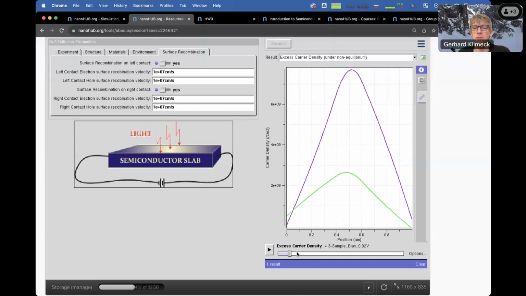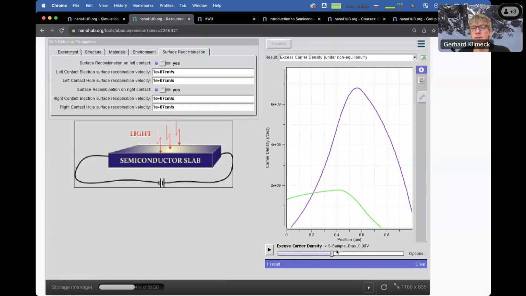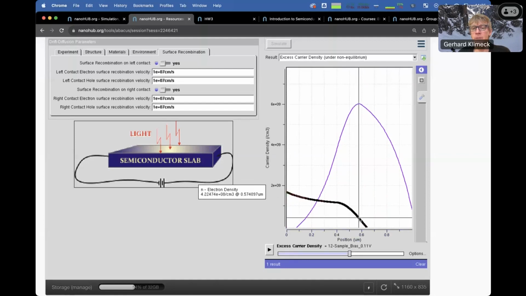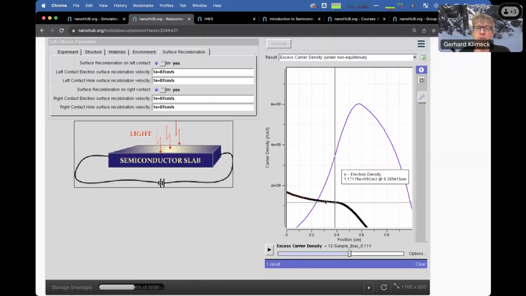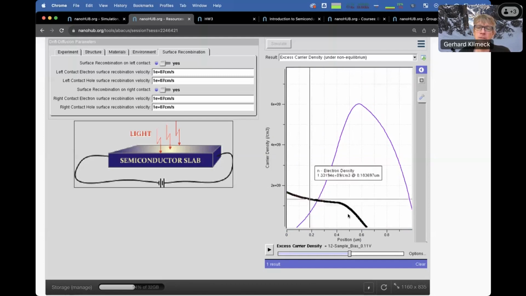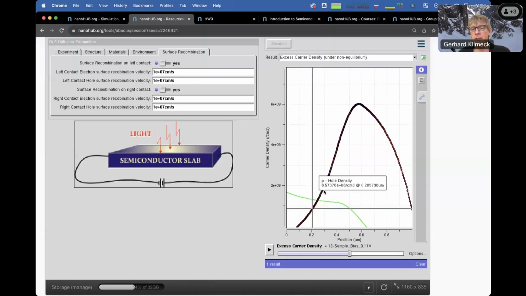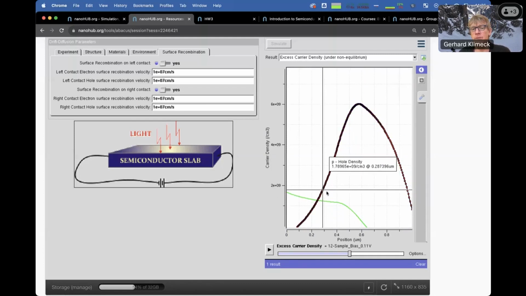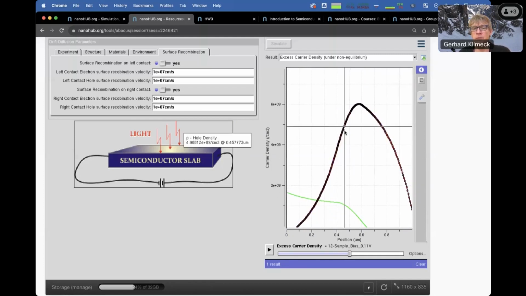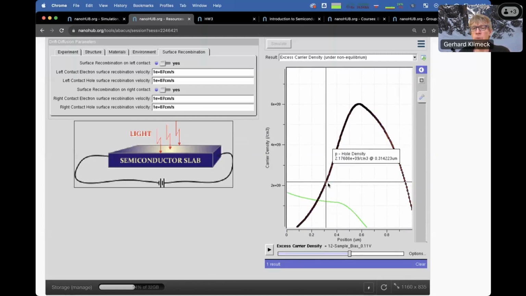So look at this. I can see how the distributions of carriers under bias are changed quite a bit. So the electrons are swept to the left contact, and the holes are mostly swept to the right contact. Their mobility is quite different. So there's some holes that also still diffuse in the quote-unquote wrong direction.